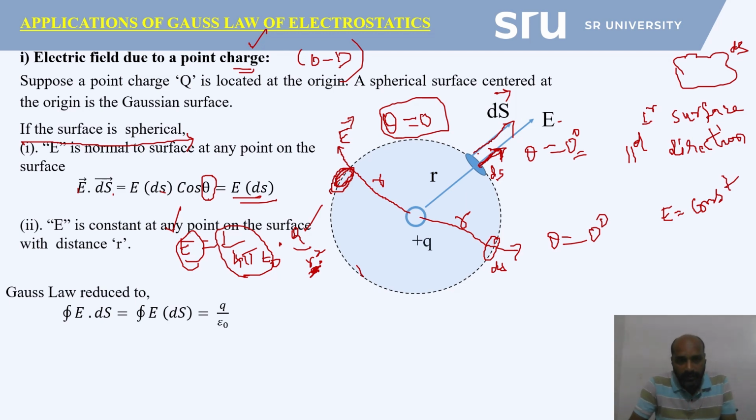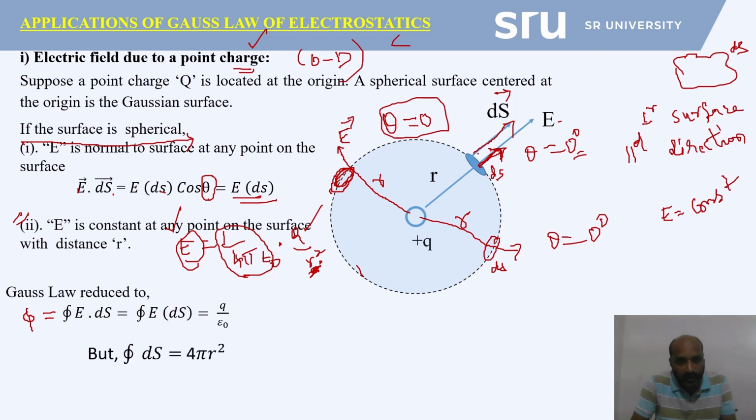Now we are going to apply these two points to calculate the electric field. See here, what is the actual Gauss law? The flux through that closed surface is equal to the closed surface integral E dot ds.